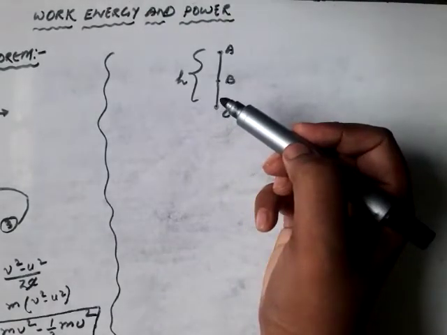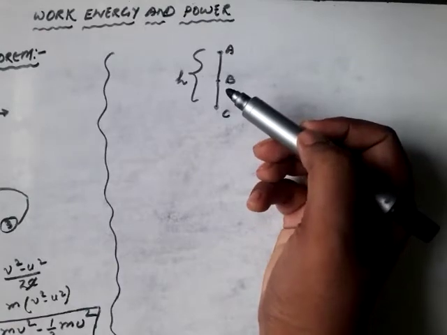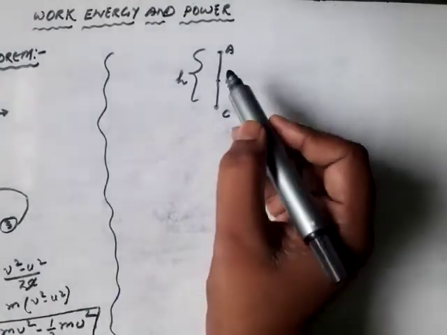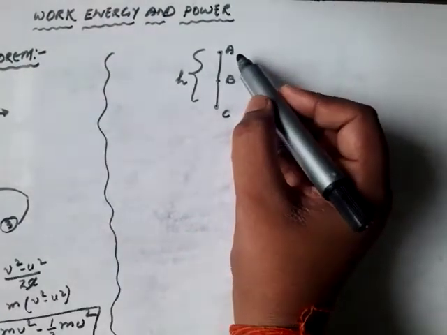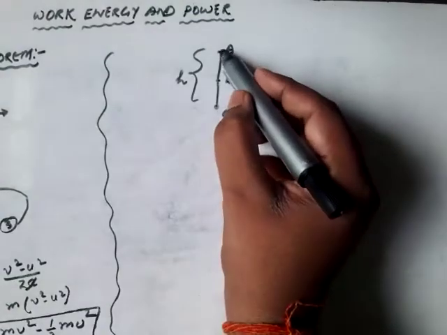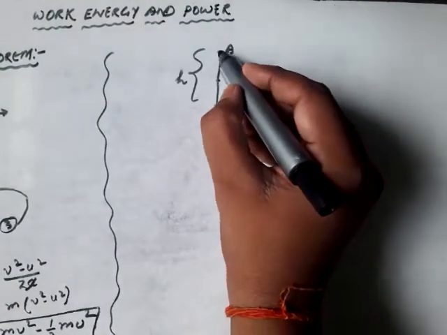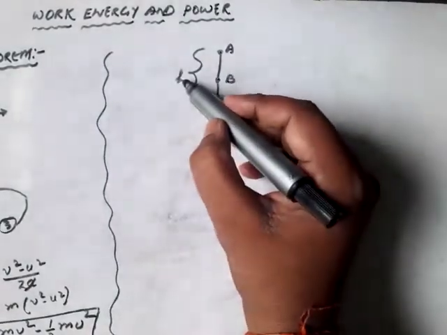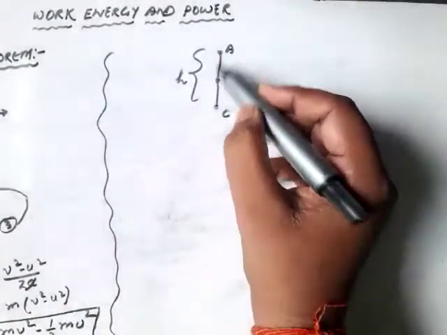So dear students, just look at this. Suppose a body is at position A, meaning we are placing a body at position A, at height h above the ground.